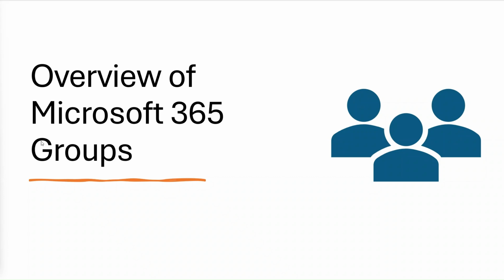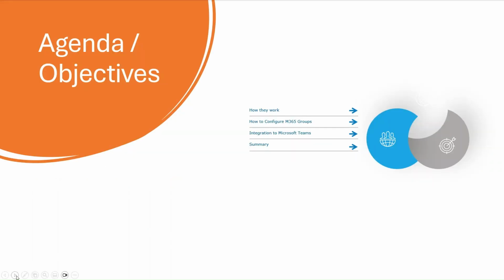All right. Now, let's take a look at what this basically does for us. So we're going to be seeing how they work. By they, we're simply referring to Microsoft 365 groups. We have different types of groups. We have distribution list group, which can be used in both Exchange and in various other places, even in SharePoint.